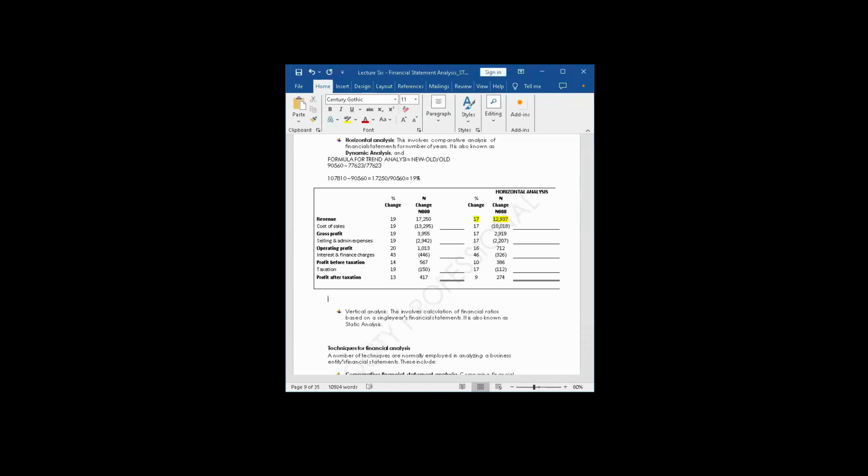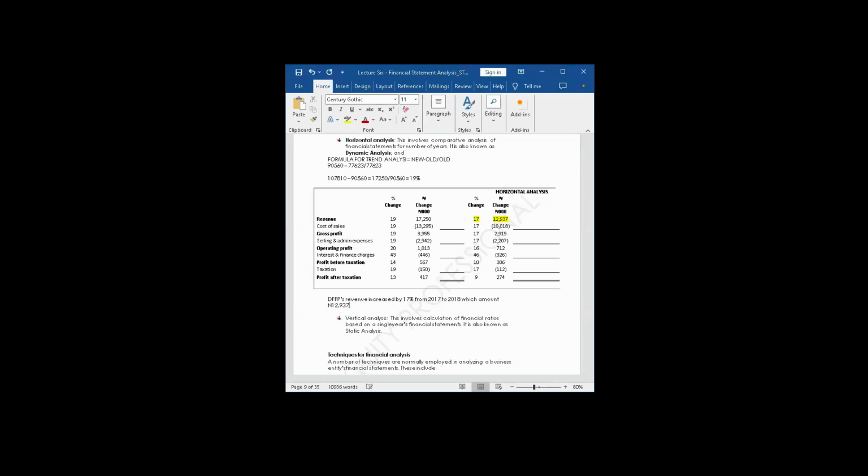We can say that DFFP's revenue increased by 17% from 2017 to 2018, which amounts to 12,937 thousand naira.